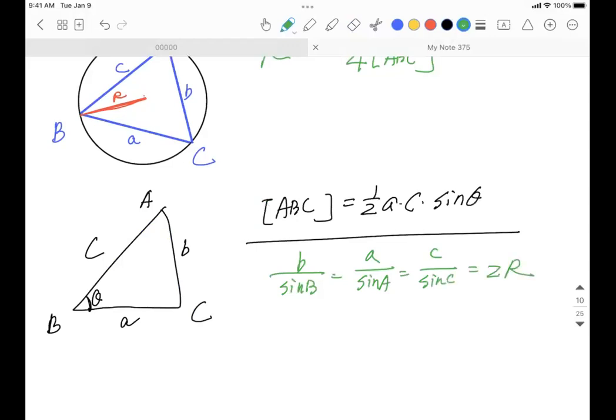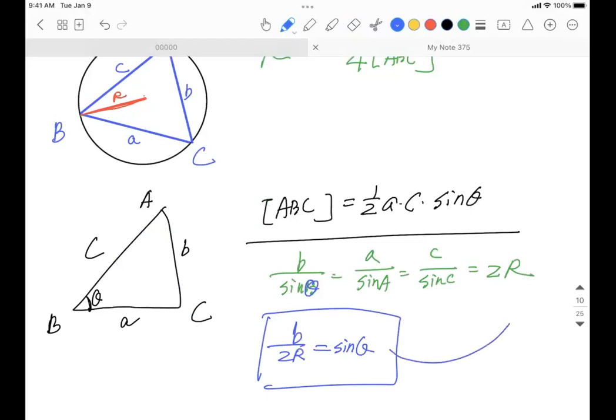This is the sine law, and the R is actually the radius of the circumcircle. Here, sine B is actually sine theta. So what is sine theta? Sine theta equals B over 2R.